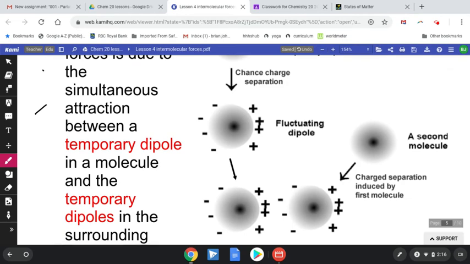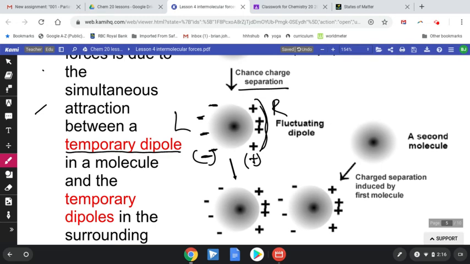If by chance, at some point in time, all 4 of its electrons are on the left side of the atom, that creates a positive pole on the right side. So this is what we call a temporarily polar molecule. Just for a brief moment in time, the electrons happen to be on the left side, creating a negative charge and a positive charge.